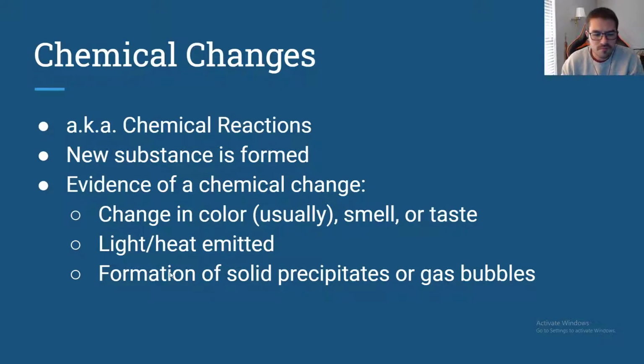And lastly, if there is the formation of a solid precipitate or gas bubbles, and I'm going to show you some videos during class when I see you next time, then that does mean that a chemical reaction has taken place. So that's it for the notes.